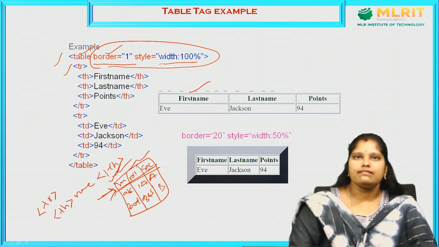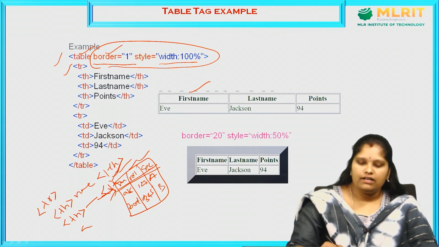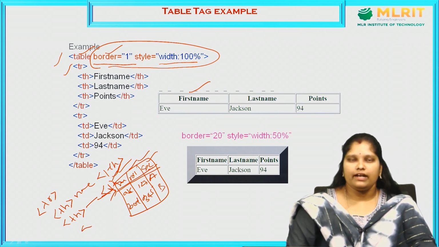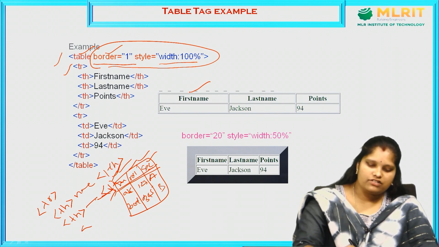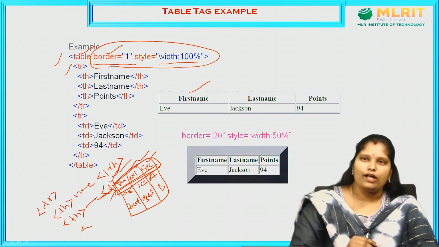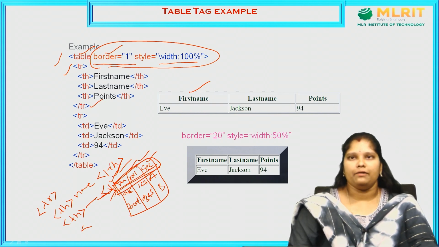Next heading is section, and after that th, next roll number and close that th, and next after that is the section, right? Like this we need to insert the headings. After that first one row is completed, right? One row is completed up to here, then close the tr tag, right?